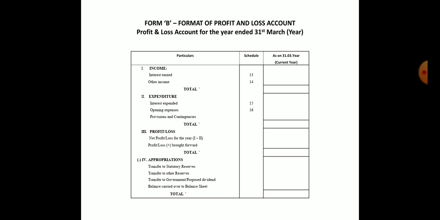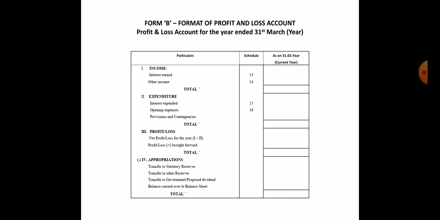Interest on loans or advances provided by the bank to the customers. And other incomes include fees that should be charged on various cards or various services provided by the bank. And expenditures, here we are talking about a banking industry.